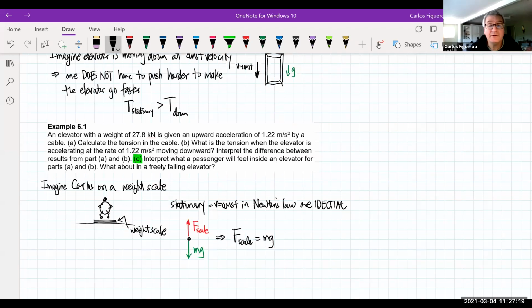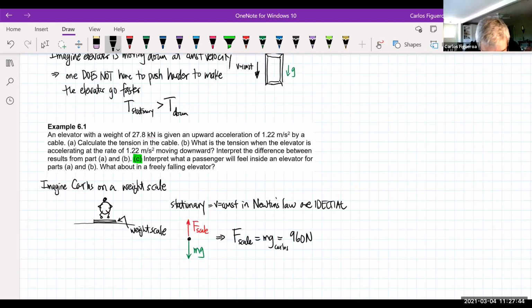Now, what I'm going to do here is make some assumptions. The assumption I'm going to make is that Carlos has a weight of 960 newtons. So whether I'm moving at constant velocity or whether I'm stationary, I'm always going to have this value here.